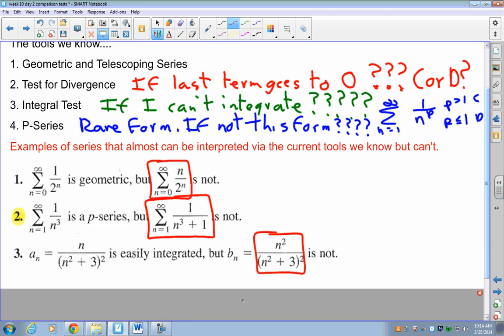Degree on bottom? Who wins? Bottom. So what's it go to? The test for divergence doesn't help me. I don't know how to integrate that unless maybe a trig sub. Do you agree that's a yucky trig sub? p-series? No, doesn't look like a p-series at all. So you see there are many types of problems that you don't know how to do yet. What's up?